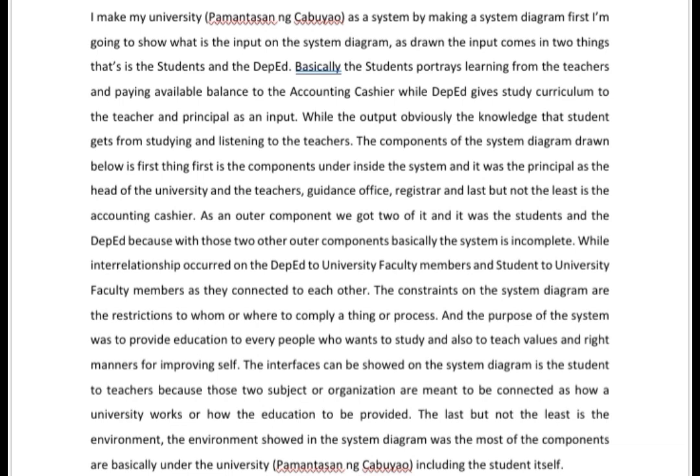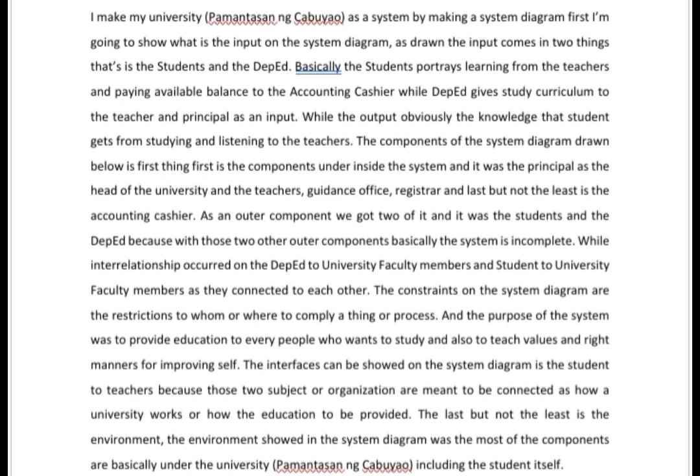While the output on the system is, obviously, the knowledge that the student gets from studying and listening to teachers. Let me explain. The output presented on the system diagram is the knowledge that the students and teachers get after listening and studying.